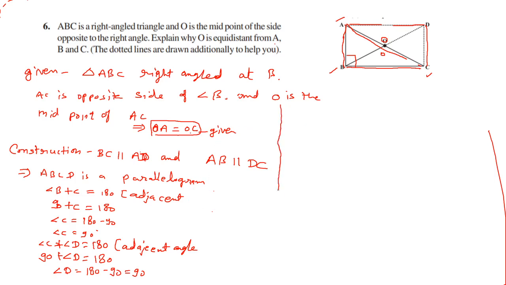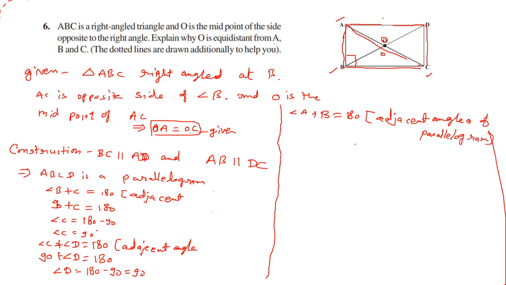Angle A plus angle B is equal to 180 degree, एडजेसेंट एंगल्स ऑफ पैरेललोग्राम. सो एंगल ए इज इक्वल टू 180 माइनस 90. Angle A is equal to 90 degree.